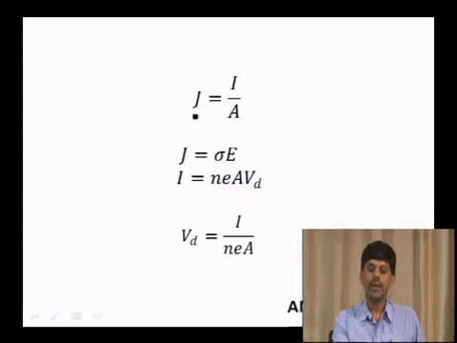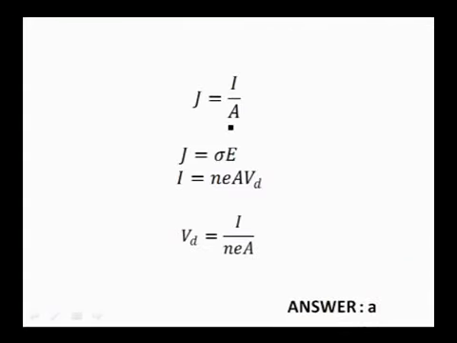For current density, it is current per unit area, and in terms of electric field, J is equal to sigma E, and I is equal to NEA VD, so VD is equal to I divided by NEA. So, in this case, area goes on increasing as you move like this. If area increases, the current density decreases.